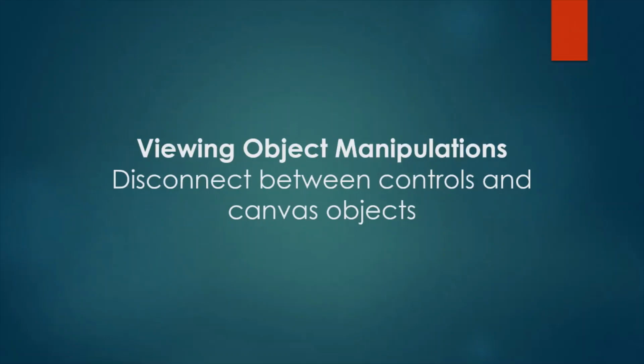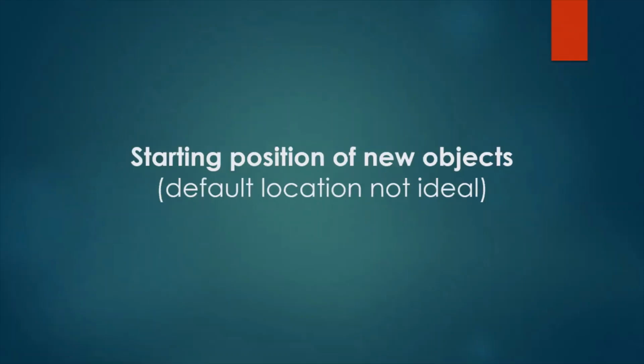This issue again came through about that disconnect between when you're looking at a control, you can't see what's happening on the canvas, and the starting position of new objects. That was something that was highlighted by 2 participants. So by default, new objects are placed towards the top left of the viewable canvas.